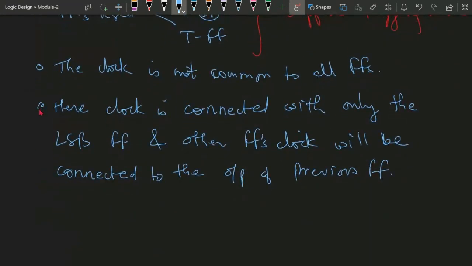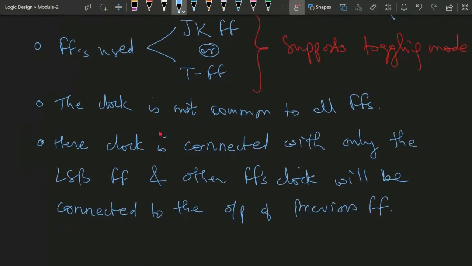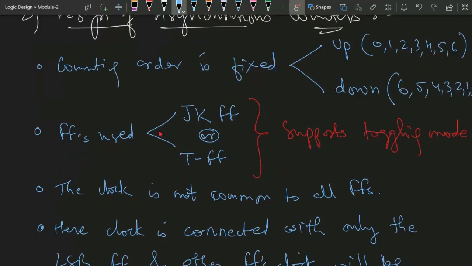So in case of asynchronous type of counters, first it will have a fixed counting, and the flip-flop that it will use is either JK or T flip-flop, and the clock will be connected only to the first flip-flop. In implementing counters, one flip-flop is considered the MSB and one is considered the LSB, as in synchronous also.